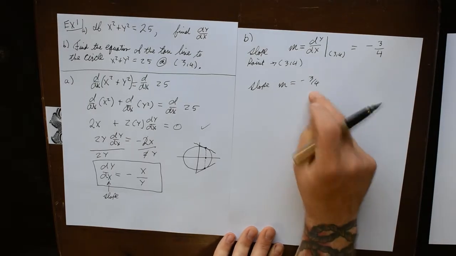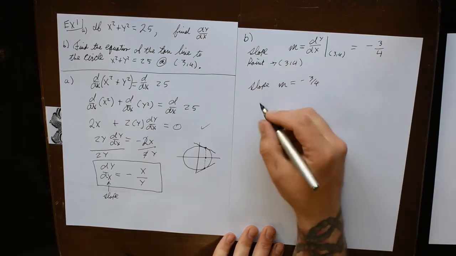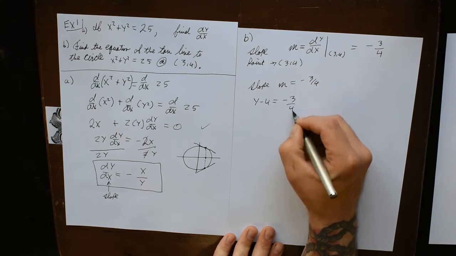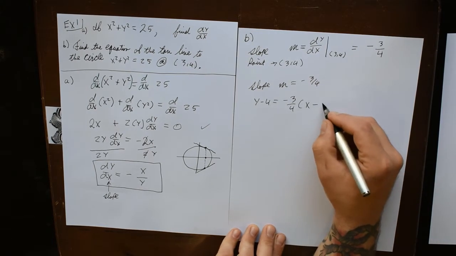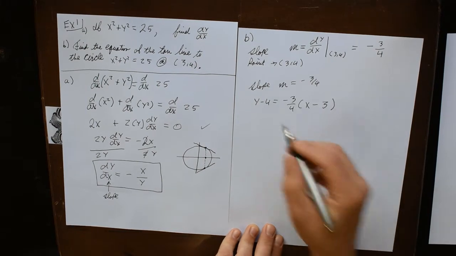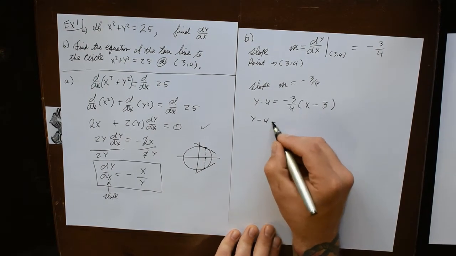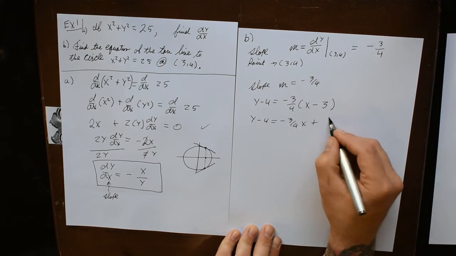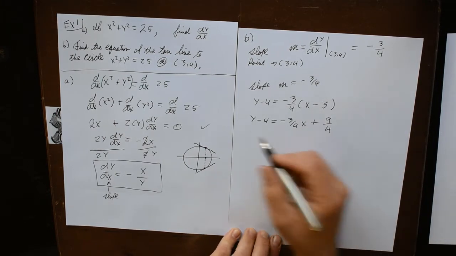So we want the equation with that slope that goes through that point. We want to fill out the equation y minus 4 is equal to m times x minus x. Y minus 4 is equal to negative 3/4 of an x plus 9/4.